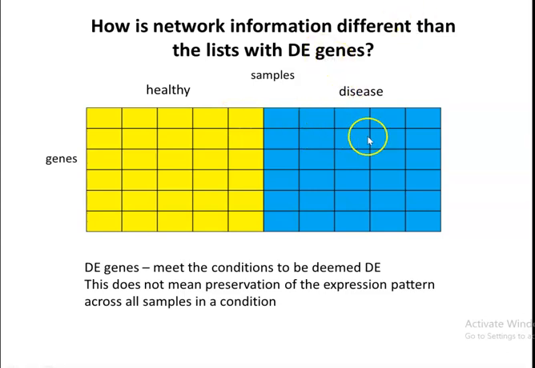Another gene can be deemed differentially expressed, having the same direction of differential expression, but with 3 completely different samples sharing this pattern. It means that in order to deem a gene differentially expressed, we do not need to observe the pattern of differential expression across all samples for a particular condition.